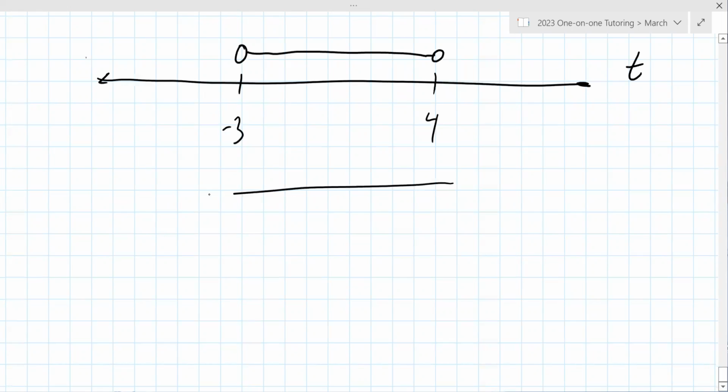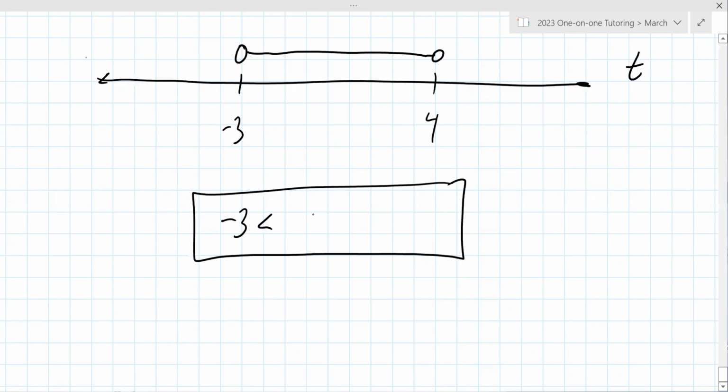I want you to write the inequality that goes in here. -3 is less than t, which is less than 4, because it's an open circle on both of them.